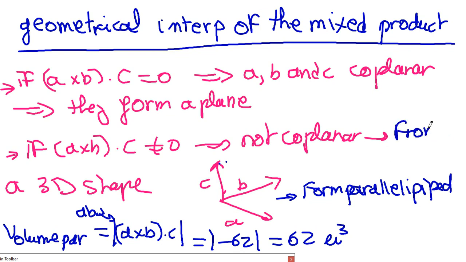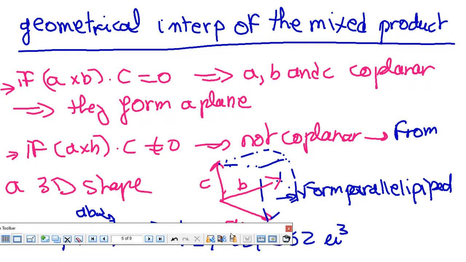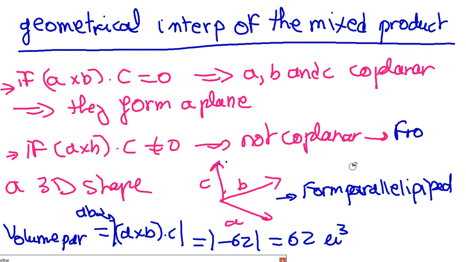When they form a 3D shape, I have a geometrical form. If for example I draw a parallel here, a parallel, a parallel, a parallel, in the end it's a parallelepiped. So the mixed product will help me find the volume, because I have a 3D shape. I'm talking about the volume of the parallelepiped.